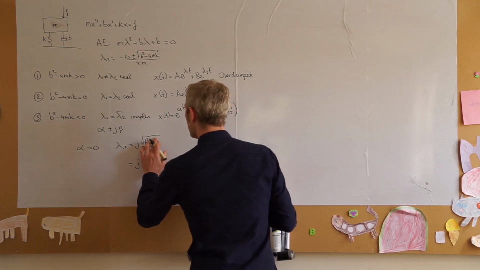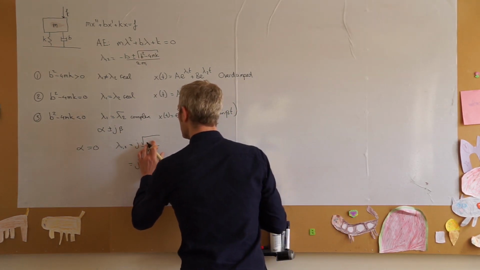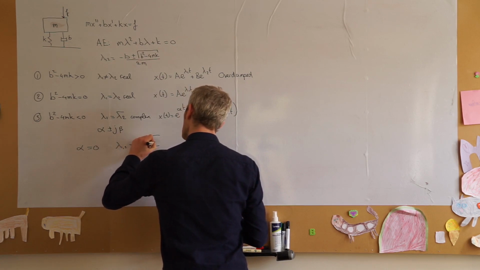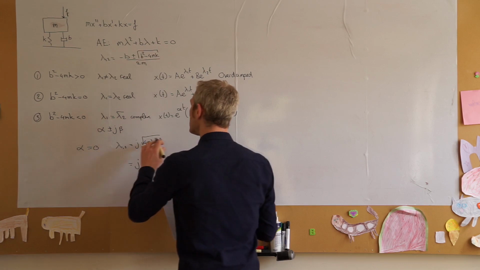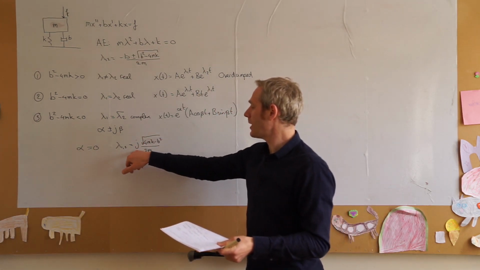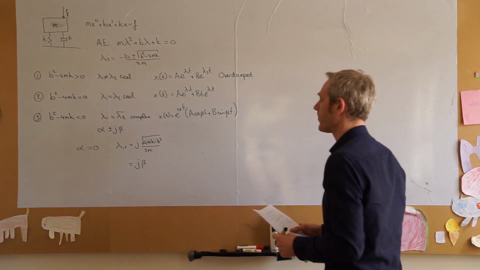Actually, this should be the other way around, otherwise this will still be a negative number. So this is 4mk minus b squared. So this is now a positive number. The minus 1 that I've taken out of the root ends up here with j.